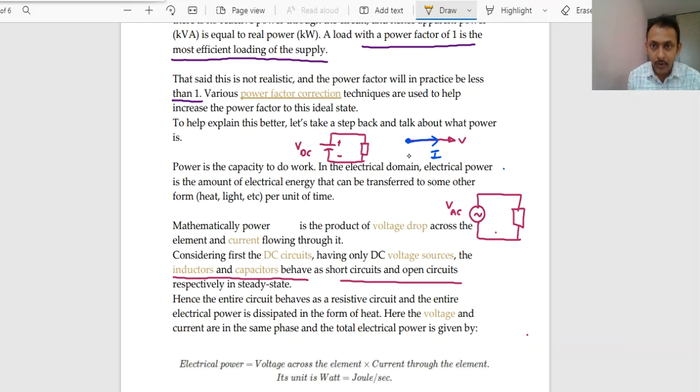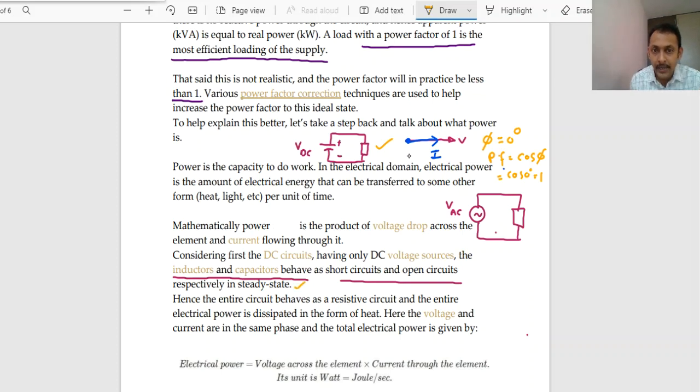Once it is resistive in nature, the angle between voltage and current, this angle phi, will be equal to 0 degrees. So the power factor, as we discussed earlier, cos phi equals cos 0 degrees, will be equal to 1. This is very, very important. If it is a DC circuit, an inductor behaves like a short circuit, and a capacitor behaves like an open circuit in its steady state.